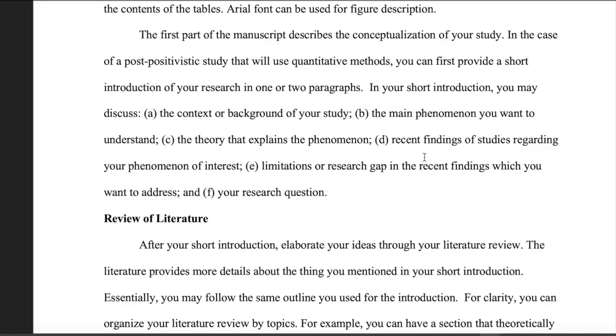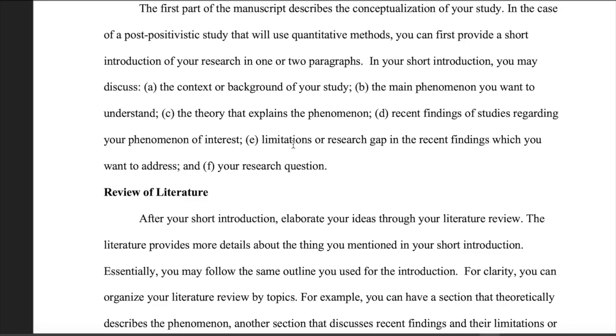Some qualitative studies might also be ground up in the sense that they are not interested in theories, or perhaps the phenomenon that you're interested in is very novel, so that existing theories do not exist.